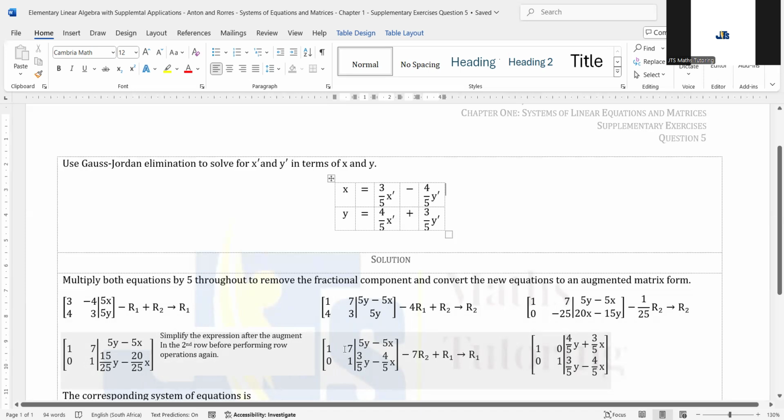So I wanted to have a 0 where this 7 is here. So I'm going to multiply row 2 with a -7, then I'm going to add row 1.